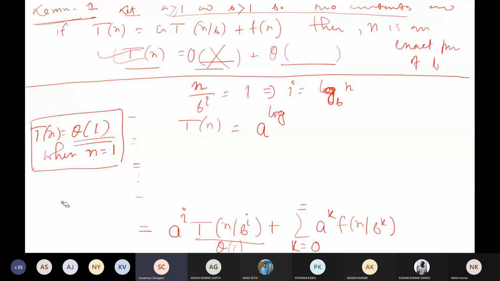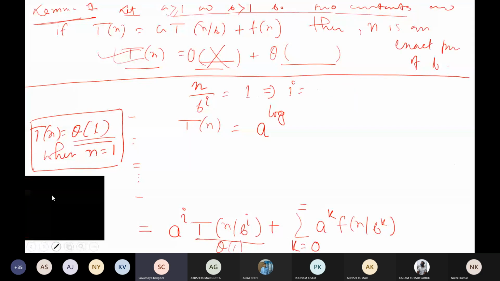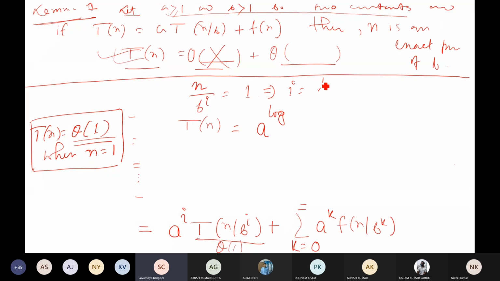So T(n) is equal to a^(log n base b) plus T(1), as we have considered n/b^i equals 1, plus the sum of k equals 0 to i minus 1, that means log n base b minus 1, of a^k f(n/b^k).